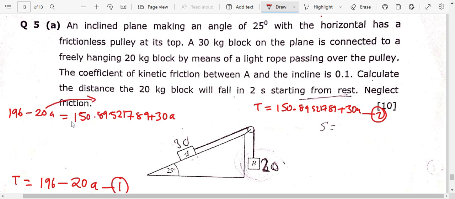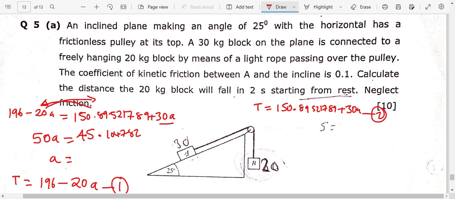It's going to become positive 20. It adds with the 30. So 20a plus 30a, that is going to be 50a. And then this 150, I take to the other side, becomes negative. So that is going to be 196 minus the same 150. That will be about 45.104782. Divide both sides by 50.